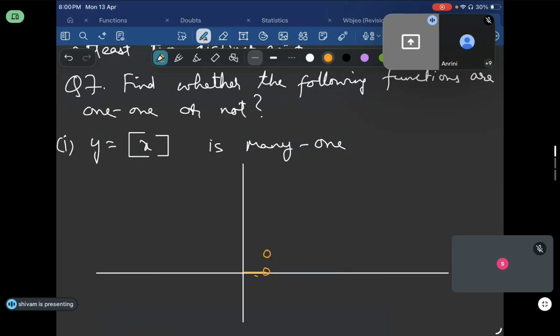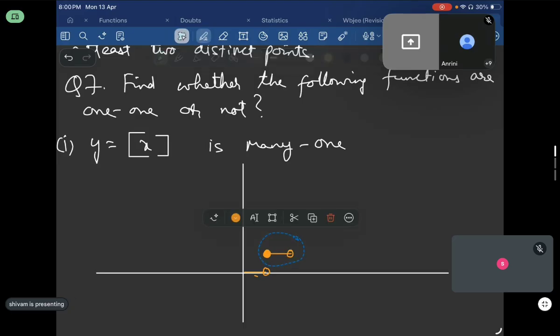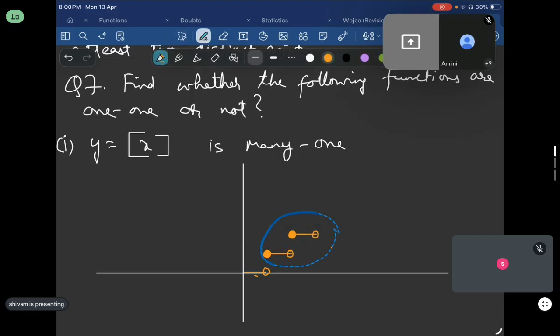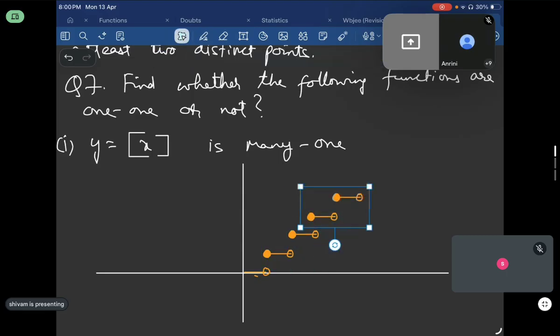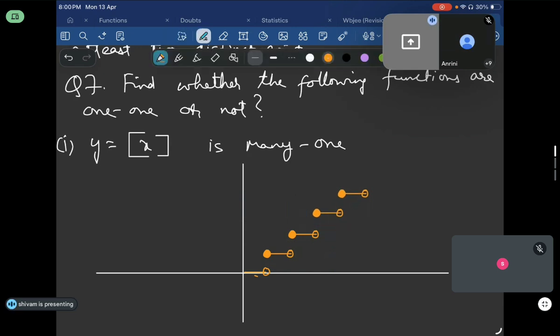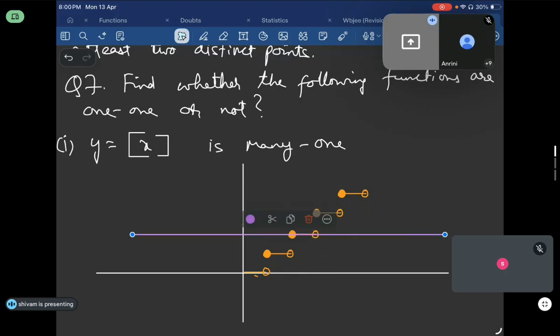If you have any doubt, you can ask me. To draw the line y equal to 2, it will cut the graph of the function in more than 2 points.